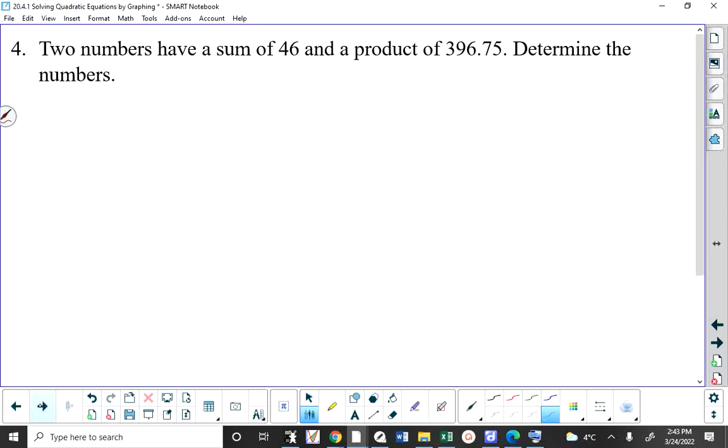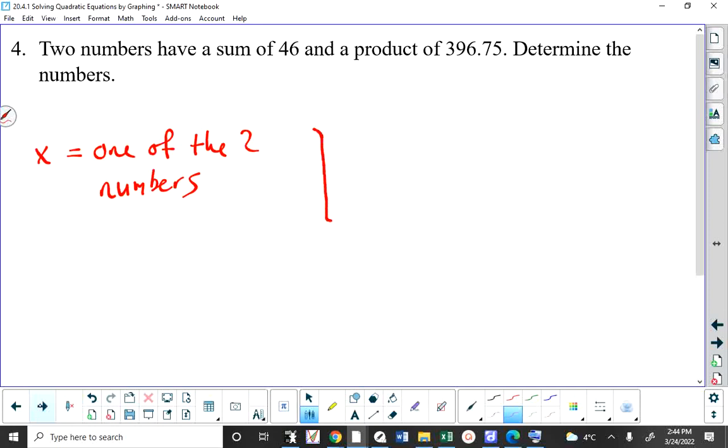So the first thing we're going to do is we're going to set x equal to one of the two numbers. Now, what's the other number? We don't want to introduce another variable because what we want is the following.